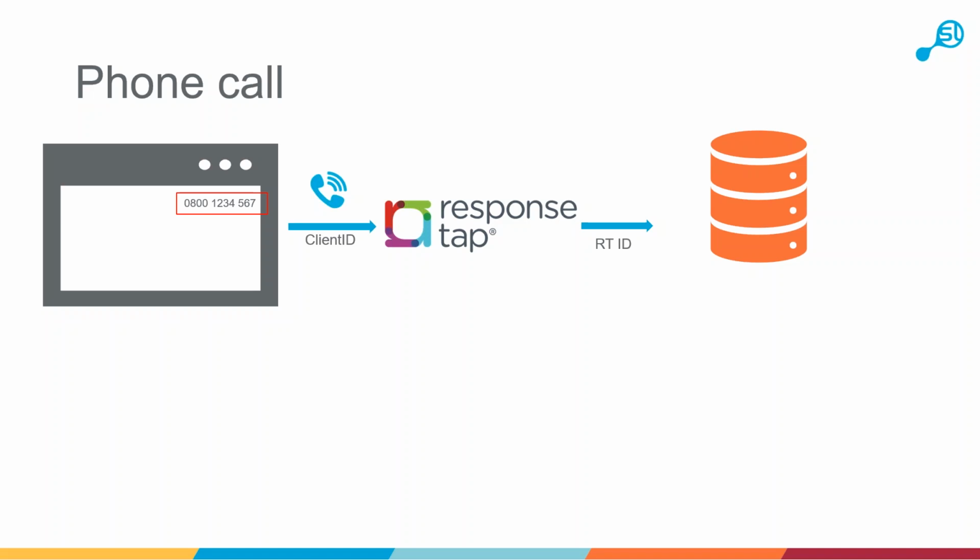Using that method, the ResponseTap ID would then sit within the CRM system. What we can do then is pull from ResponseTap with the ResponseTap ID from the CRM, and we will get in return the client ID back into the CRM against that individual customer record. That is how we will get the phone call information and the client ID back into the CRM.